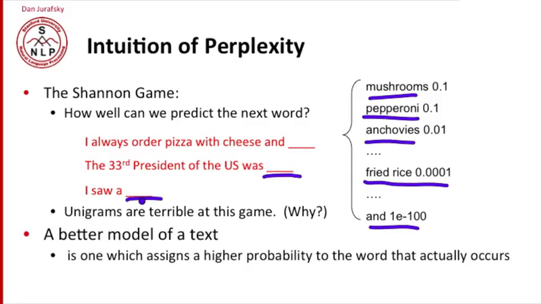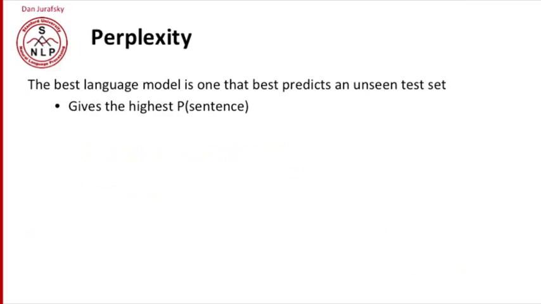So in summary, a better model of text, a better language model, is one that assigns a higher probability to whatever word actually occurs. If you can guess right the next word, you are a good language model. So the best language model is one that best predicts an unseen test set, or assigns, on average, the highest probability of a sentence to all the sentences that it sees.